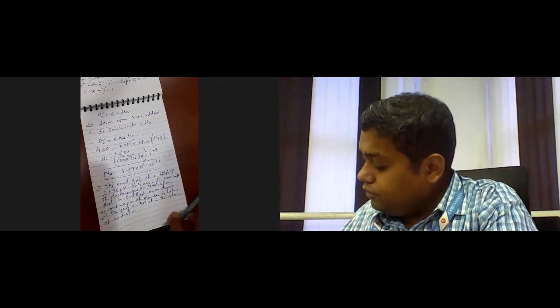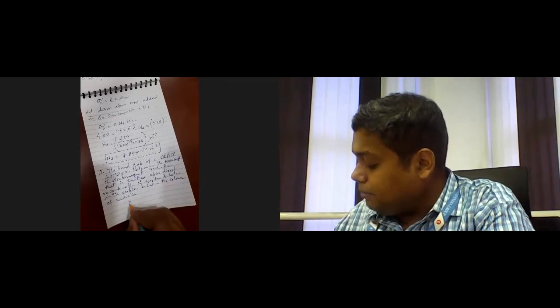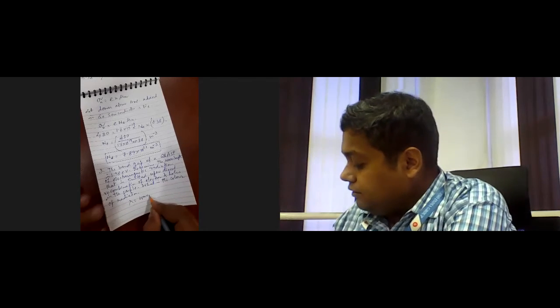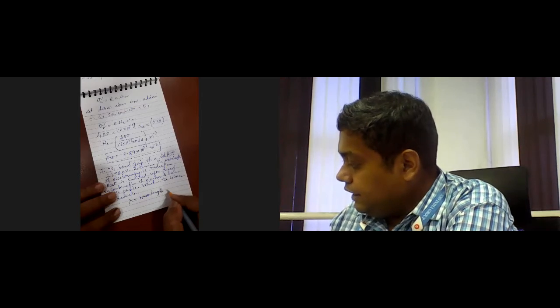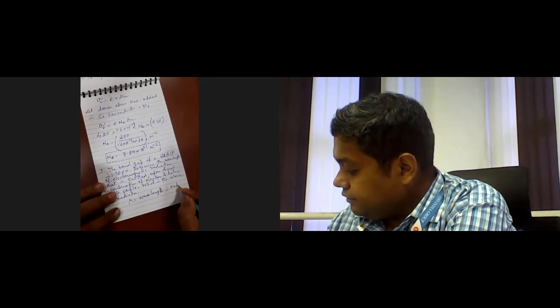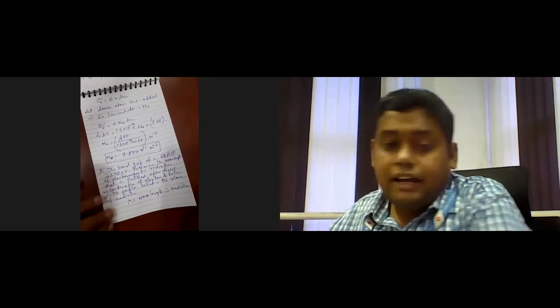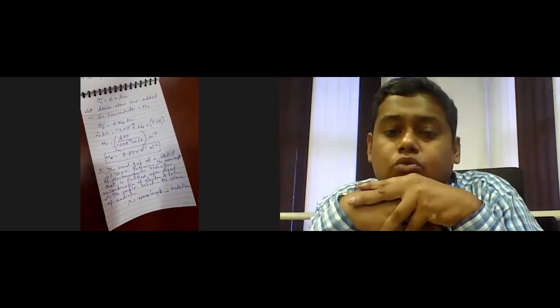So at first we want to know the lambda. Lambda is the wavelength in radiation. So find out the lambda. What is the value of lambda? How can you find out the value of lambda? What is the suitable formula?